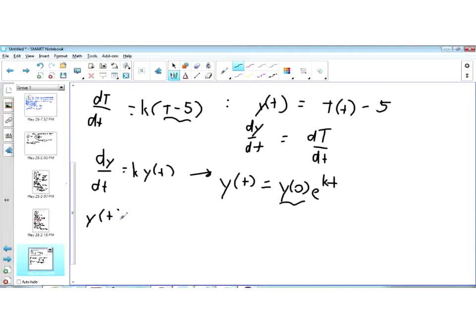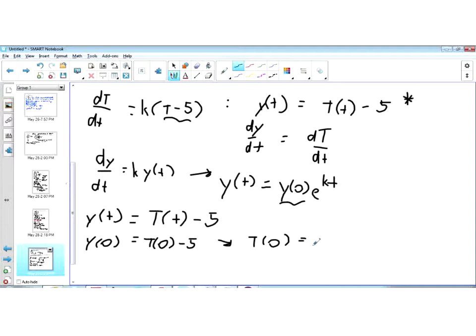We use this equation: y of t is equal to the temperature at t minus 5. Plug in t equals 0, so y of 0 is equal to T of 0 minus 5. T of 0 is the initial temperature of the thermometer, which occurred inside, read to be 20 degrees, the indoor temperature. So y of 0 is equal to 15.